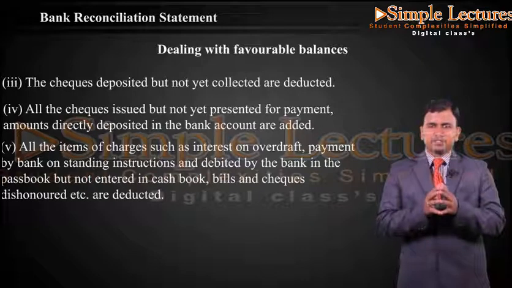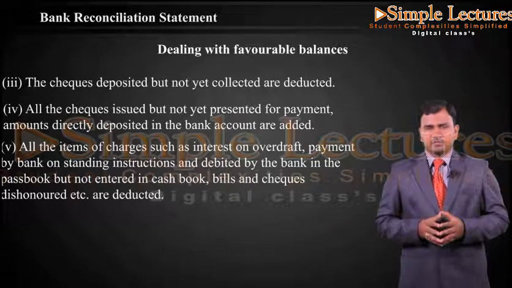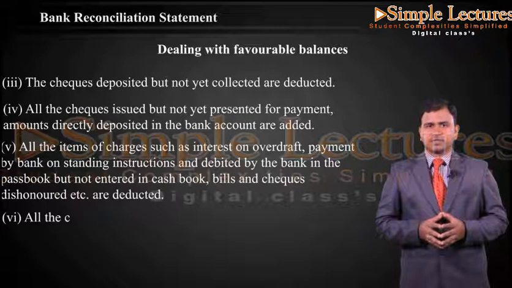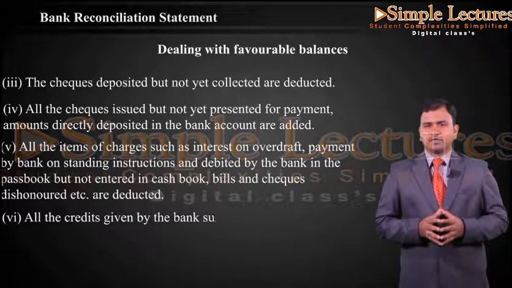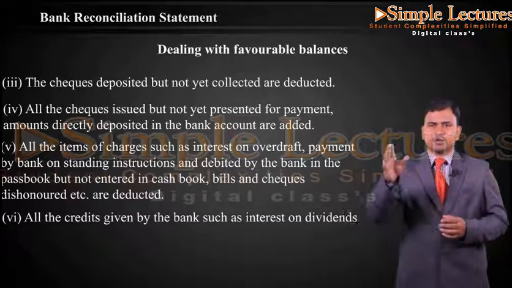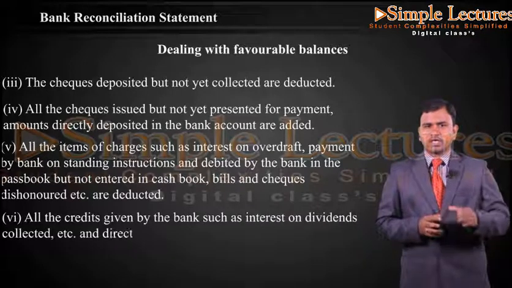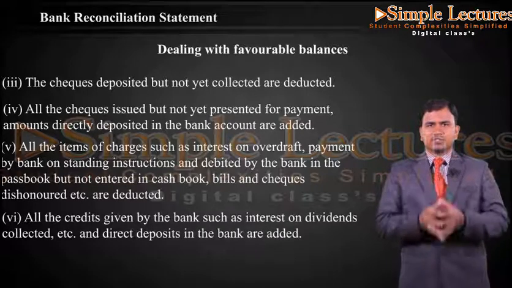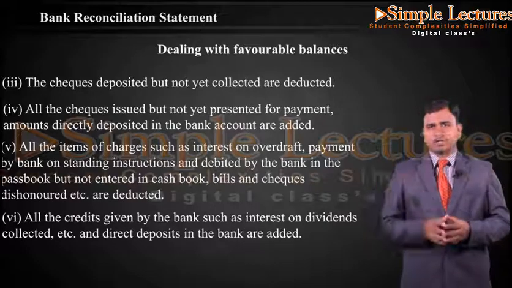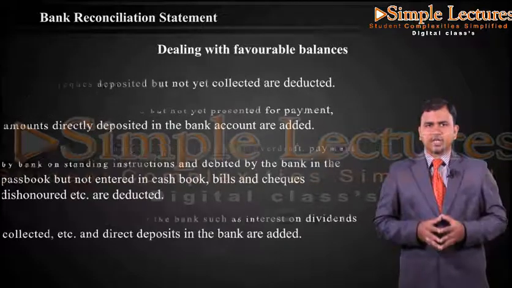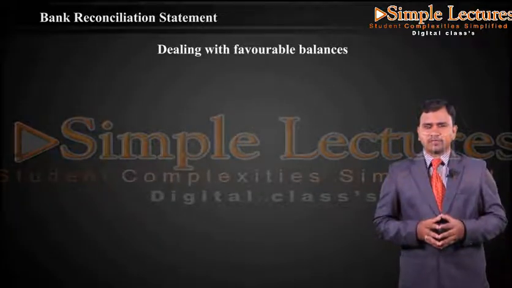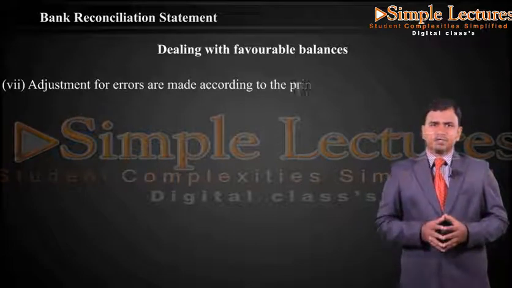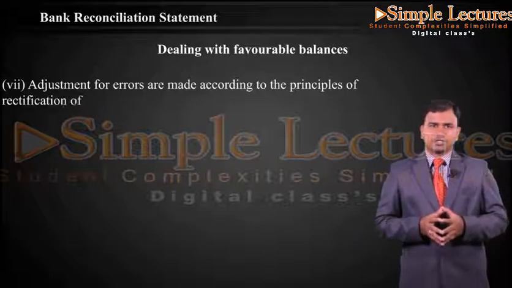So any payment which is made by the bank on behalf of the firm, those amounts we are going to deduct here. The sixth step is all the credit given by the bank such as interest on dividends collected etc. and direct deposits in the bank are added. So anything deposited in the bank will be added here. Then the seventh step is adjustment for errors, which is made according to the principle of rectification of errors.